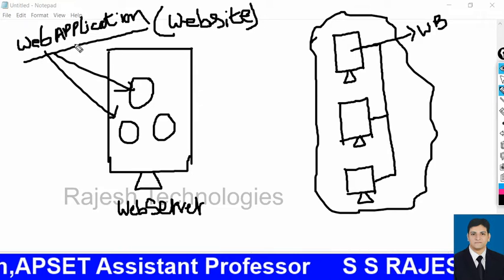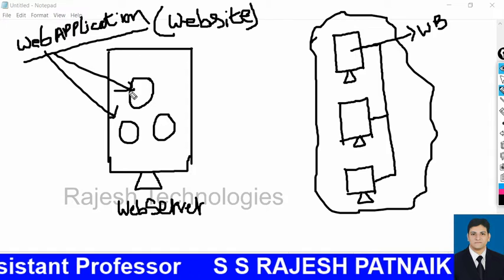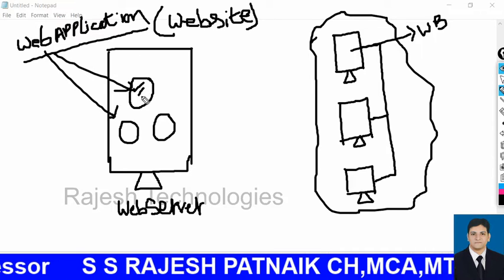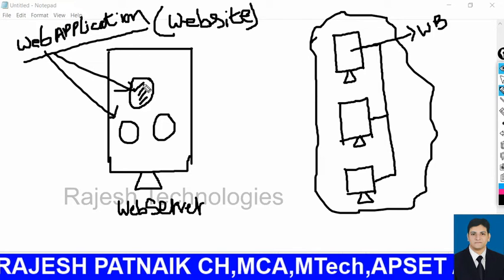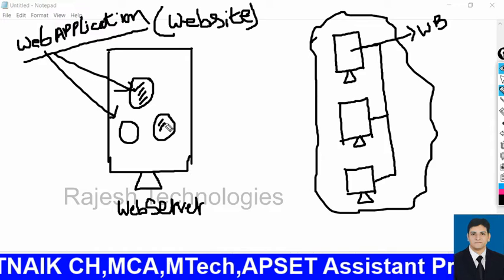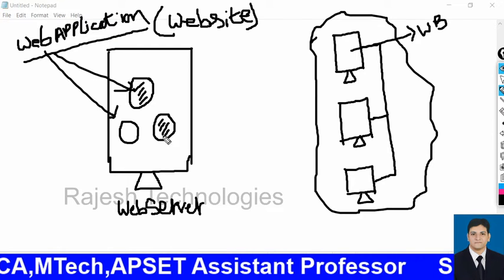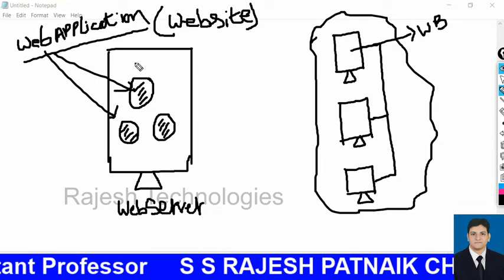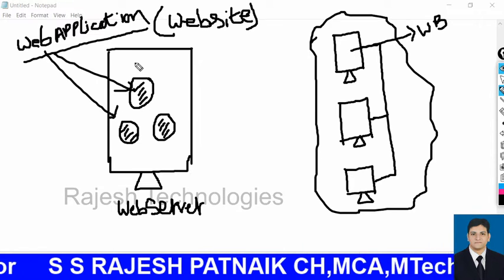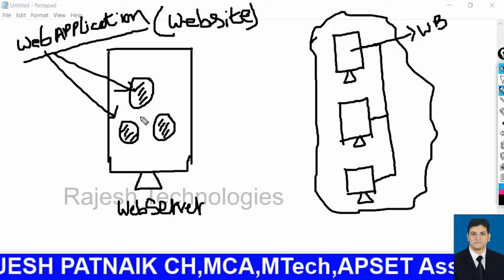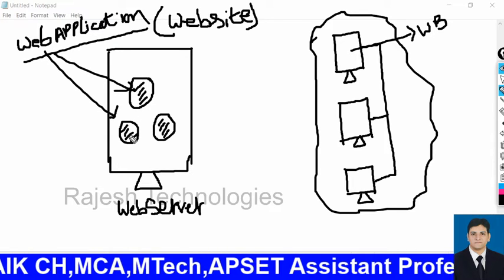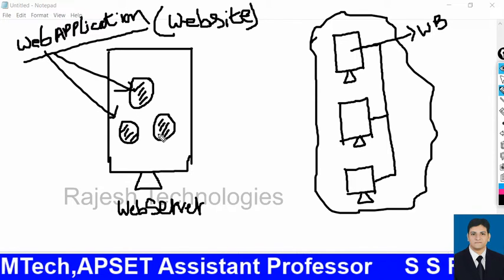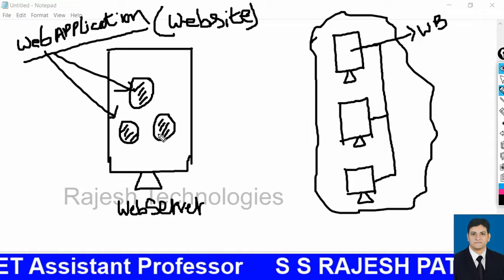What does a web application consist of? A web application consists of a collection of interrelated web pages. There are lots of web pages, and each web page is interrelated to each other. This is web application 1, this is web application 2, this is web application 3.